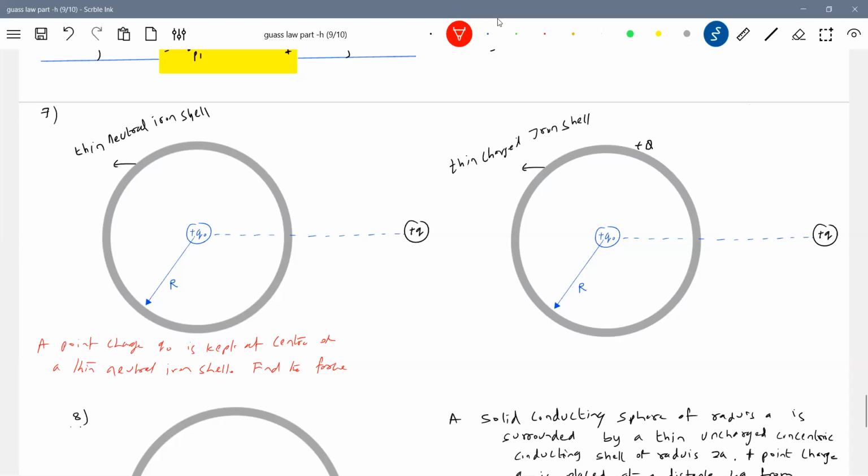Find the direction of force exerted by the shell on the charge Q naught. And the point charge Q is kept at a distance x from the shell. I will add this also.